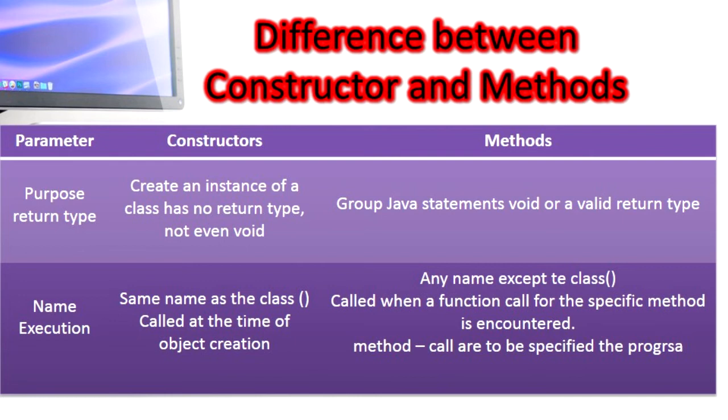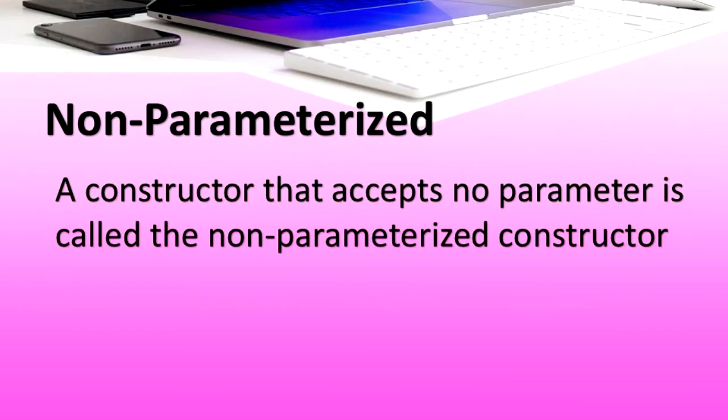So let us discuss the difference between constructor and method. Though constructors are members of a class just like methods, yet they are different from one another. The following table summarizes the differences between these two. Purpose: a constructor creates an instance of a class, has no return type, not even void.